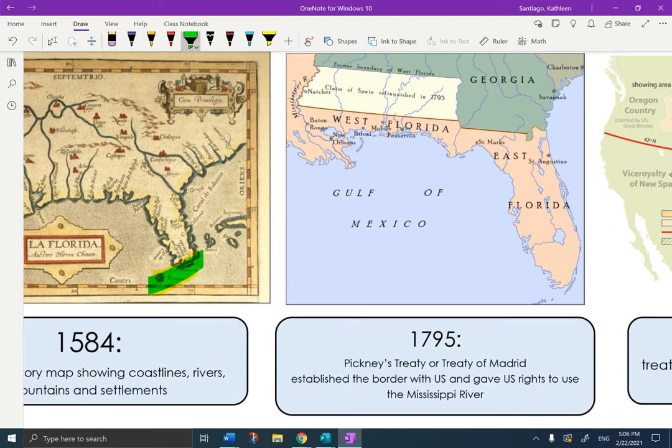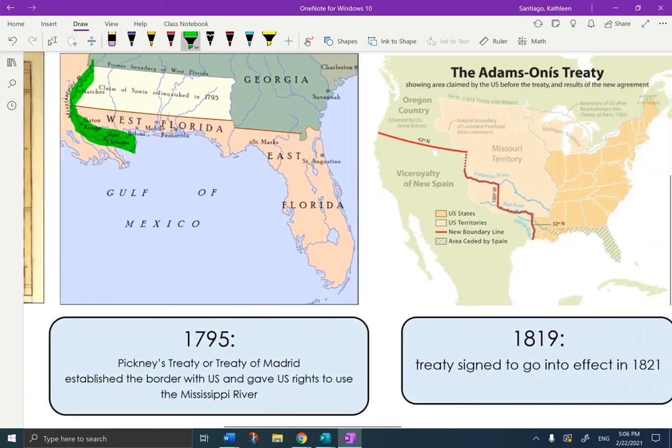They did, however, give them the right to use the Gulf right here, the mouth of the river, so that they could use the Mississippi here. That's Spanish territory, but you can see it's on the edge of the U.S., so they allowed them to use that area. Let's go over.